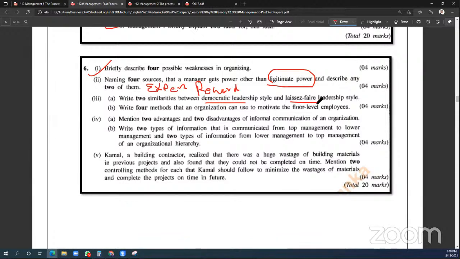So there are similarities, especially trust, and freedom of choice or freedom of decisions.